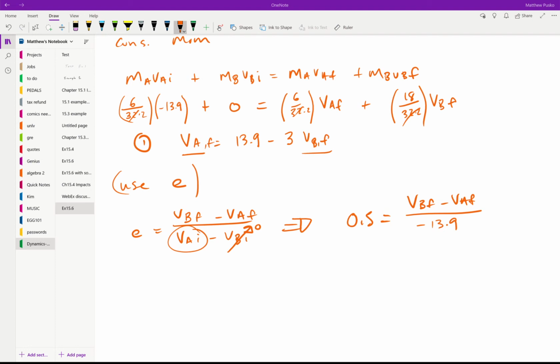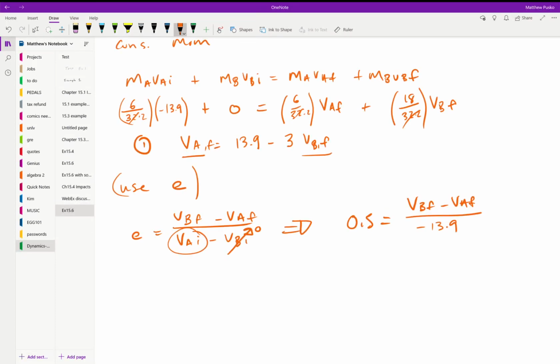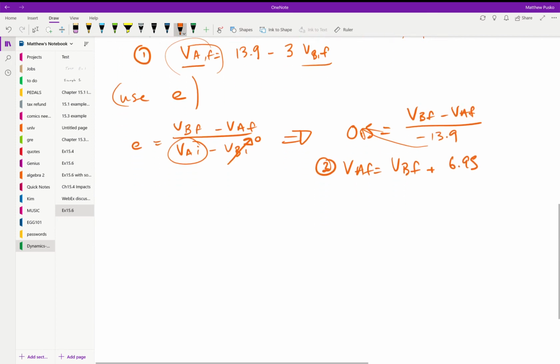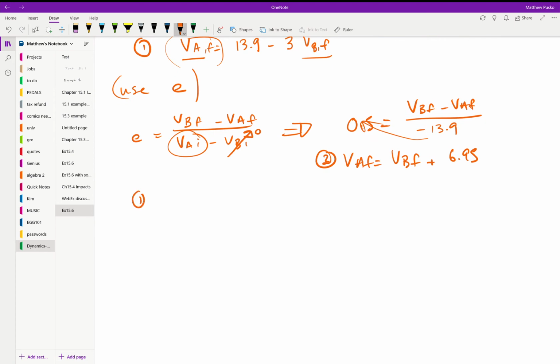And we can rearrange this and solve it for vA final, which is then equal to vB final plus 6.95 if you move that to the other side. Call that equation number 2. If we set 1 equal to 2, we get the following.